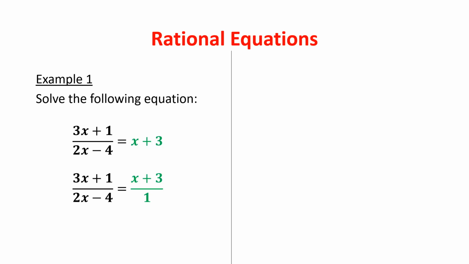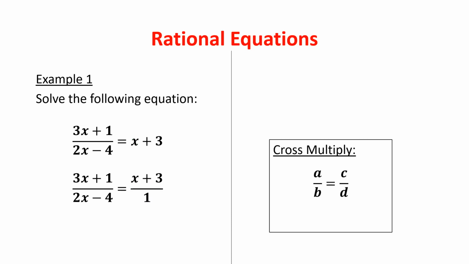And whenever I see a fraction equal to a fraction, I like to use a method called cross multiply. I must have a/b = c/d for this to work, and then a times d is equal to b times c.